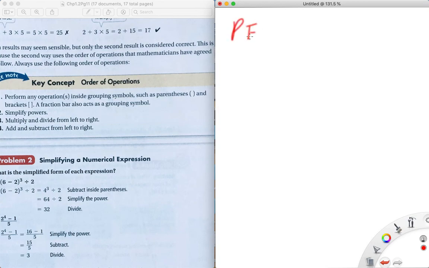Of the PEMDAS, actually, let's do this. Multiplication and division have the same power.